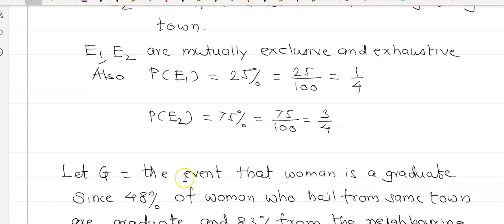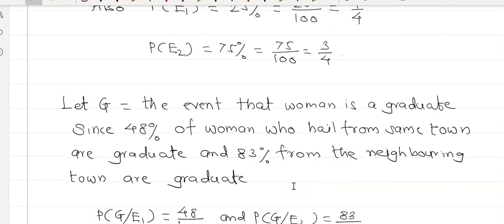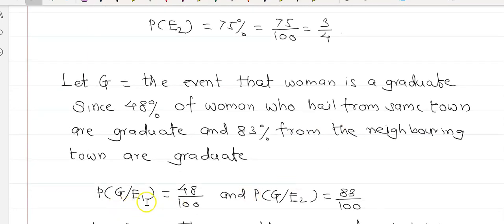Now what is our required probability? G is the event that the woman is a graduate. Since 48% of the women who hail from the same town are graduates and 83% from the neighboring town are graduates, the probability of G conditional E1 is equal to 48 upon 100, and the probability of G conditional E2 is equal to 83 upon 100.